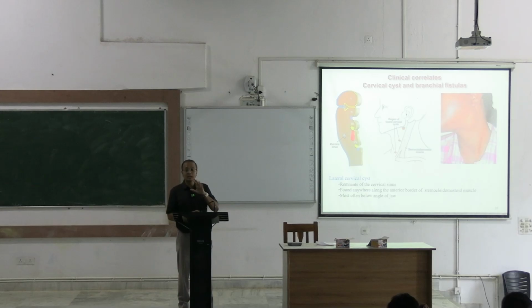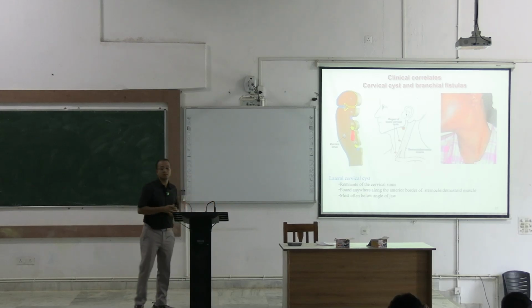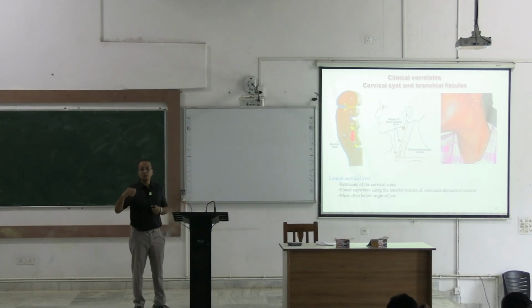So this is how the individual clinically presents to a clinic: a gradually growing swelling in a 20 years old person, on the lateral side of the neck in front of the sternocleidomastoid. Slowly growing, painless, no inflammation, nothing, just a visible swelling not associated with pain.